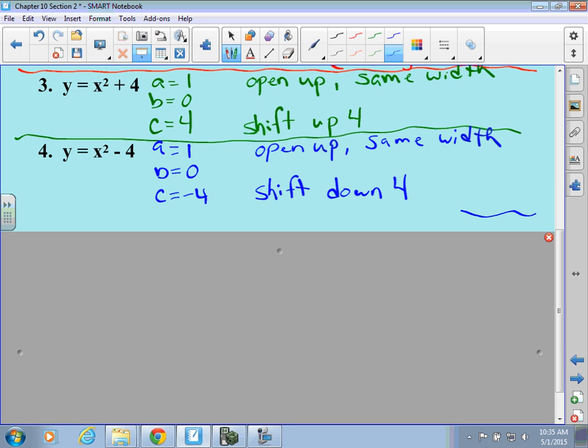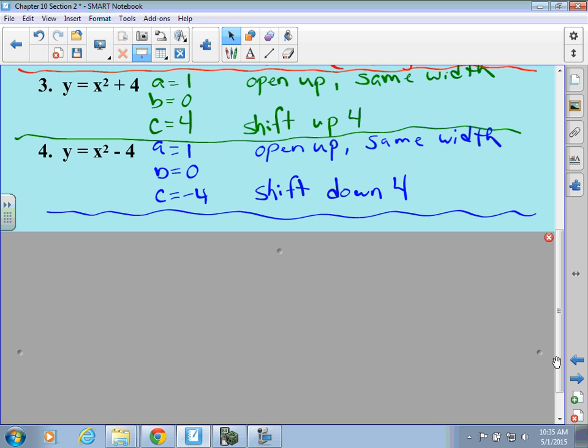Kind of review, isn't it? The role of a tells you whether it opens up or opens down. If it opens down, a is negative. If it opens up, a is positive. The bigger the number, what happens to my parabola? It gets skinnier.